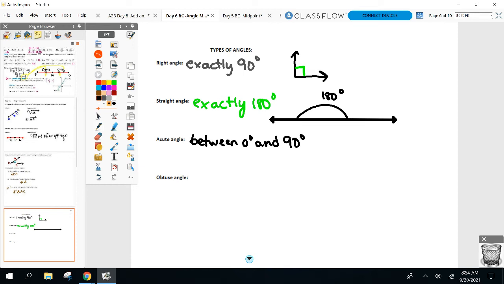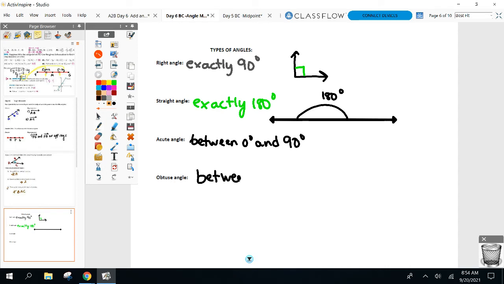And then obtuse, anybody? Obtuse? Greater than 90. And I have to put a limit, because you can have a 320 degree angle. You guys don't worry about that until next year. So it's between 90 and, I'm going to make a stop, 180.